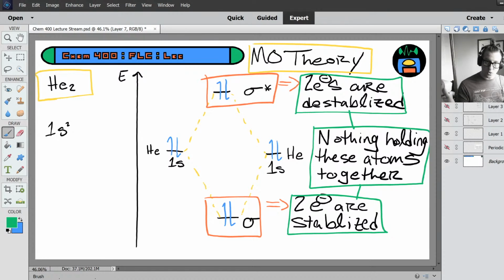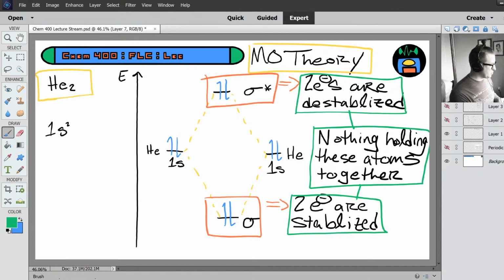They're not more or less stable together than apart, so they just collide and bounce off. Whereas hydrogens collide and then stay together because they're more stable together than they are apart. This is the reason why you do not see dihelium as a molecule, because it has a bond order of 0. That's the real reason why the noble gases won't mix with anything else.